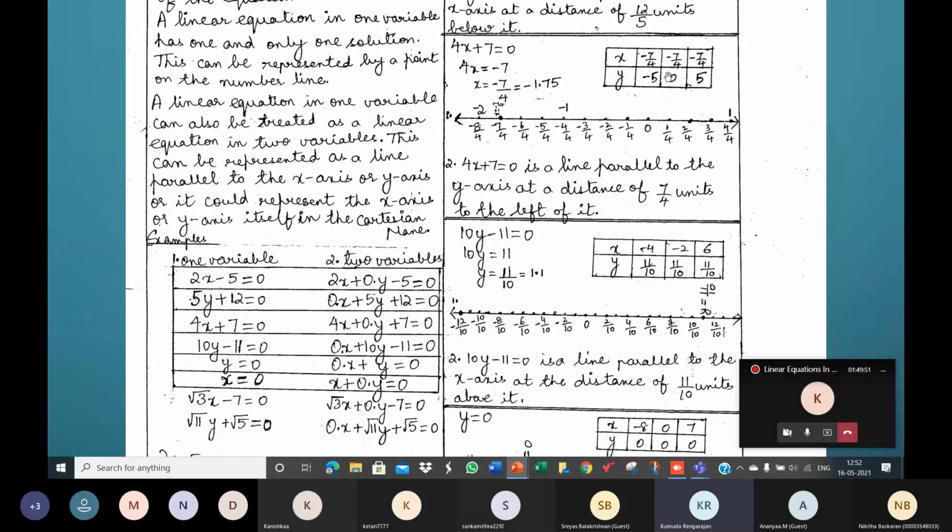Let's discuss the quadrants. Ma'am, where to plot that minus 1.75? Minus 1.75 will be between 1.7 and 1.8. You cannot find its location exactly.